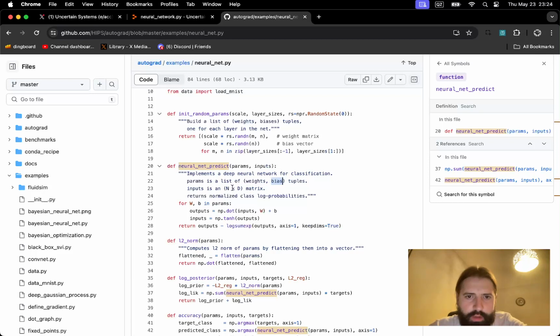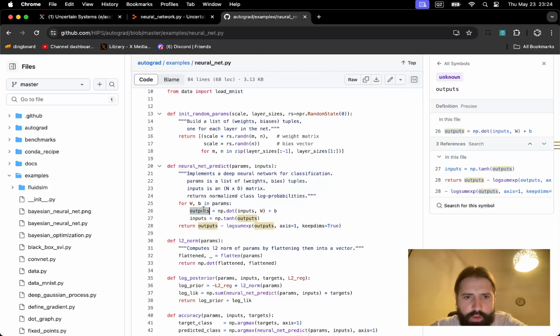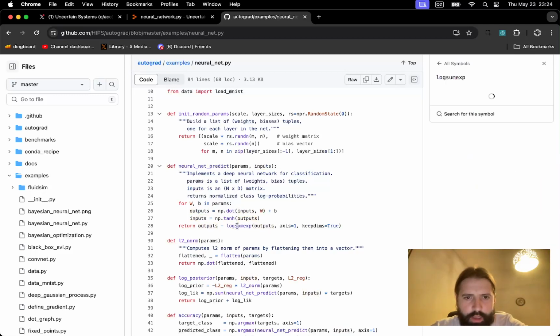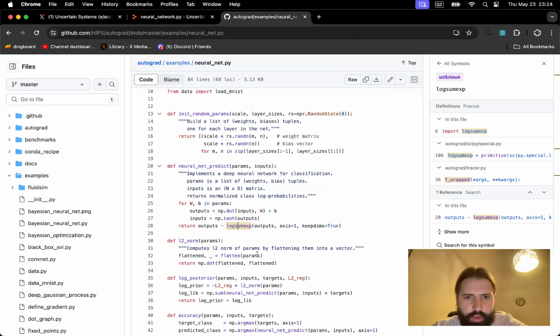The input is an n times d matrix, and for the weights and biases, it calculates on these inputs, and then it returns a log sum exponential or whatever.